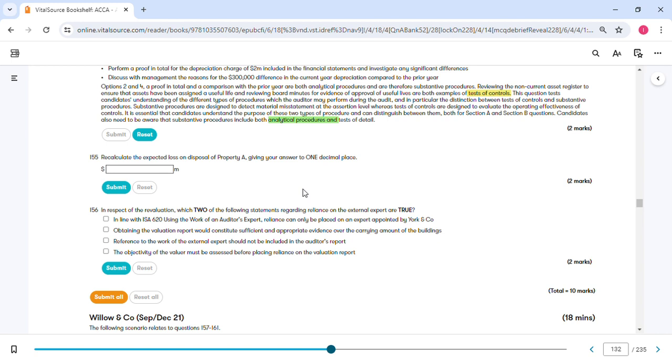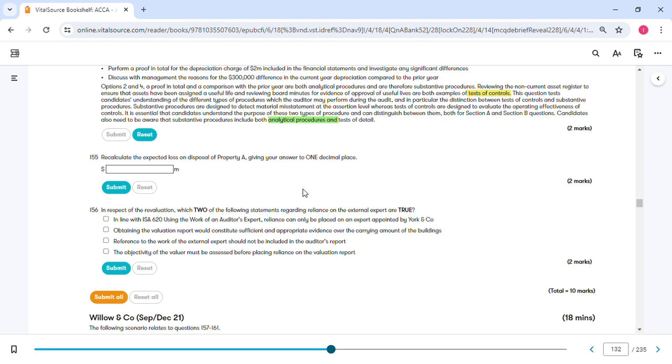We have calculated the first step. 2.4 million, sir. Yes, 2.4 million. Less disposal proceeds. How much is there? 2.4. The value is 3.9. We have sold it for 2.4.